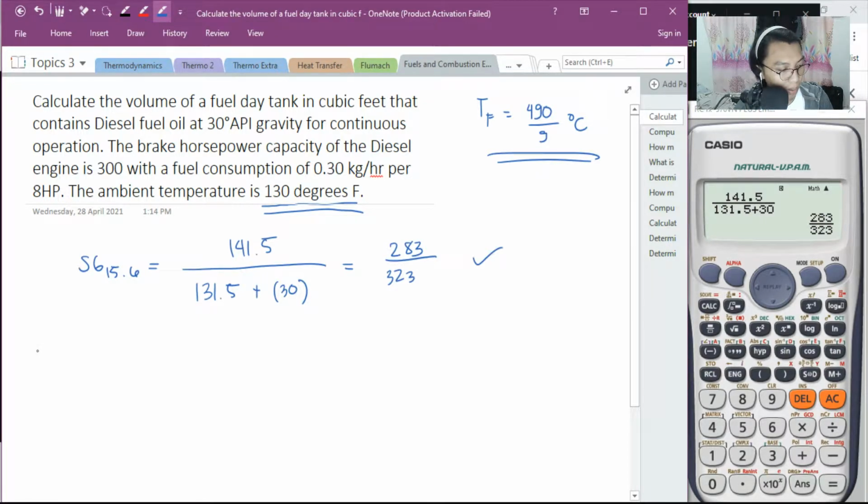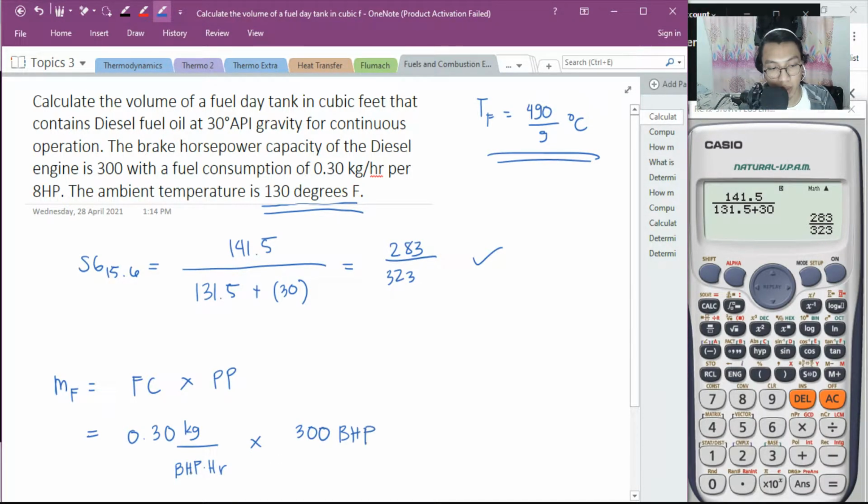So, sir, next part. We will find yung mass of the fuel. Yung mass of the fuel, that is equal to the fuel consumption multiplied to the power produced. Power produced, kaya PP. Okay, FC, 0.30 kilogram per BHP hour. Multiplied to, ilang BHP yung produce niya? I think 300 BHP. Cancel.